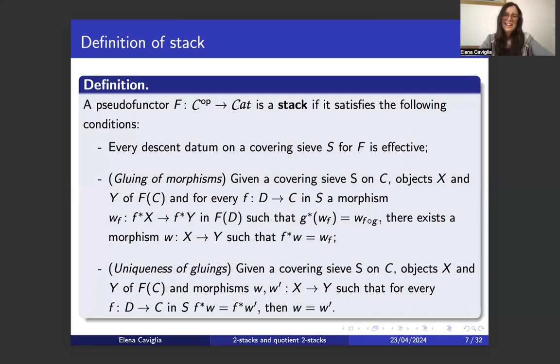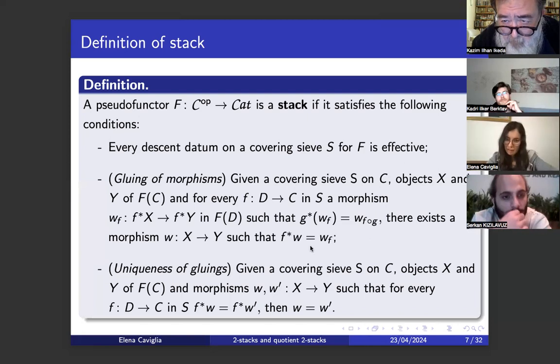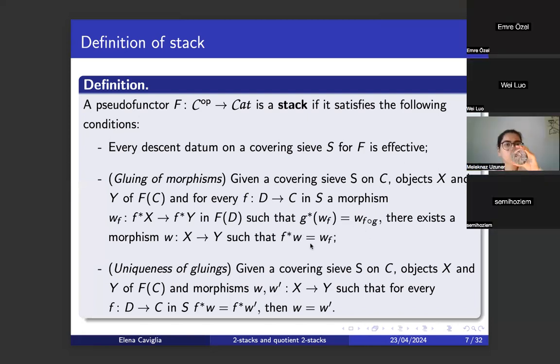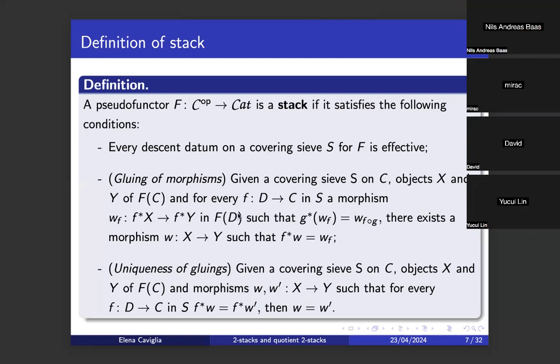Thank you. So if you look at this condition, this is similar to the effectiveness condition. The only difference is that now we have an equality. So it's kind of an effectiveness condition, but this time on morphisms. And we also have a uniqueness condition of these gluings.